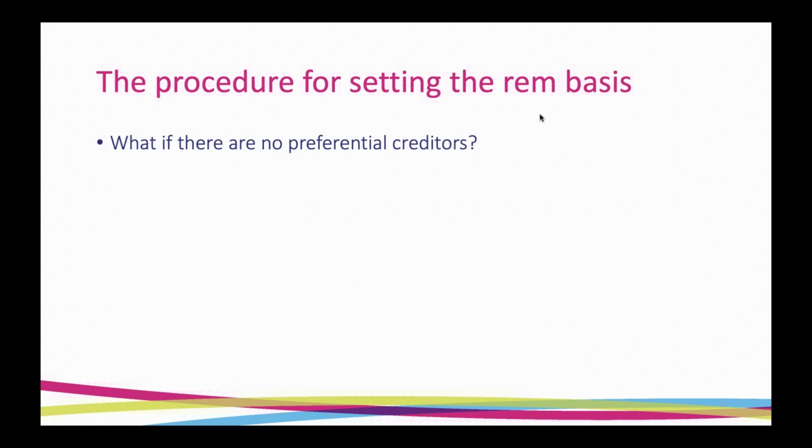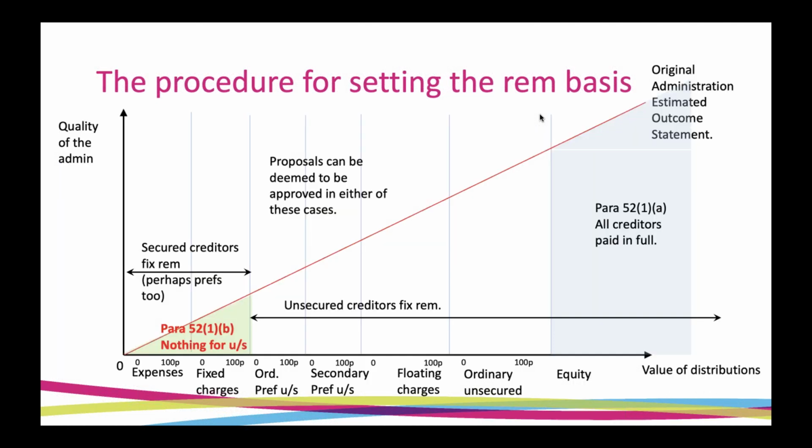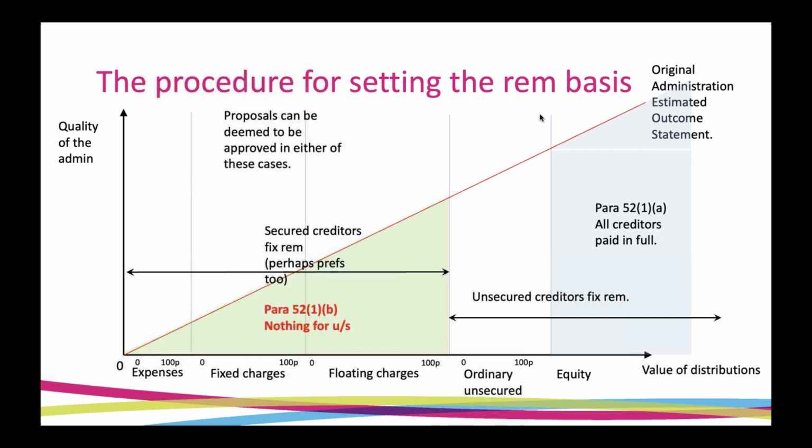Let's just look at how the diagram looks if there are no preferential creditors. So that's the basis if you think there are going to be preferential creditors, and essentially it's the fixed charge creditors who are the ones there who are in the money, who are the ones who, if you're only realizing to pay them, that's when 52(1)(b) will apply.